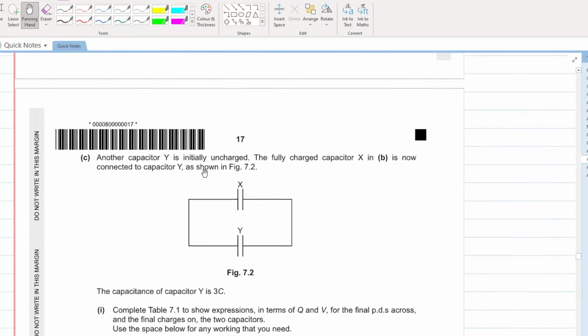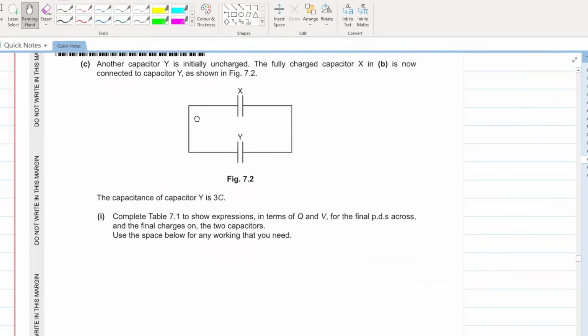Let's further move ahead. We have done this multiple times in classes. Another capacitor Y is initially uncharged. The fully charged capacitor X is now connected to capacitor Y, as shown. The capacitance of Y is 3C.